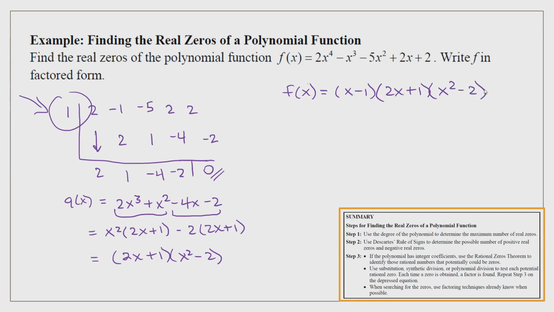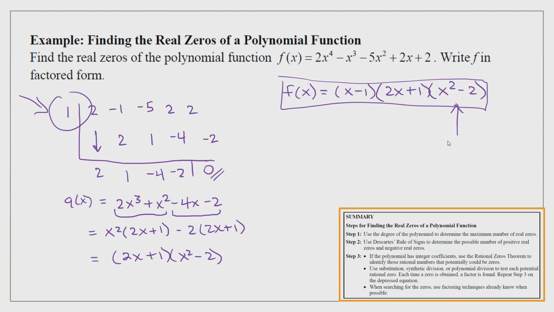Okay, awesome. So this is the factored form of f of x. One more thing to note, x squared minus 2 has no real solutions.